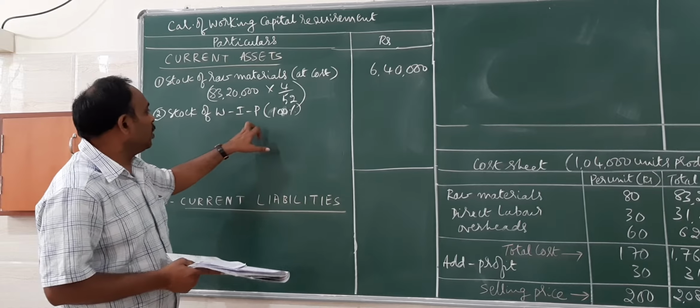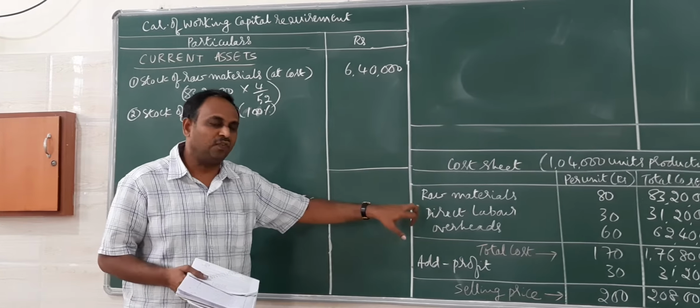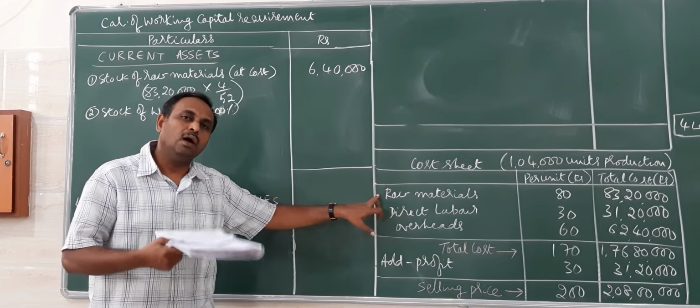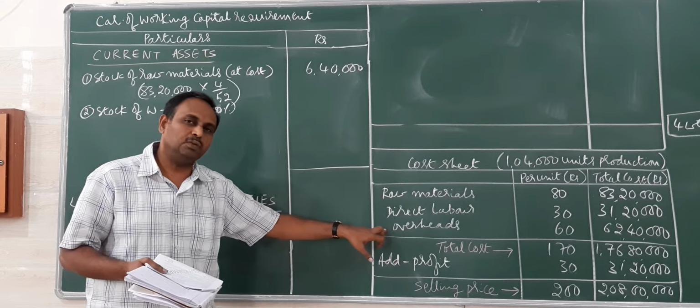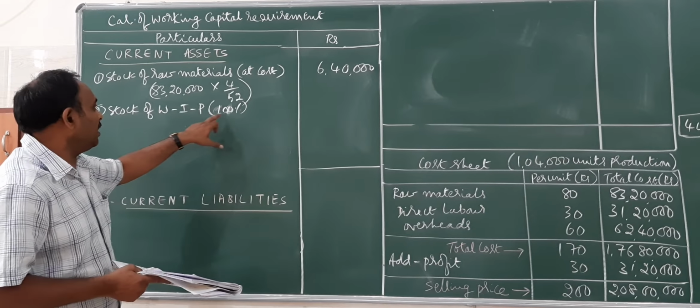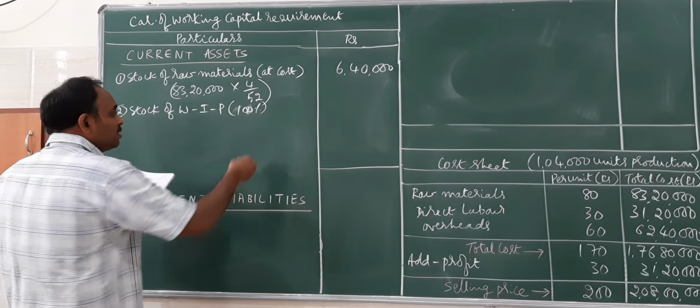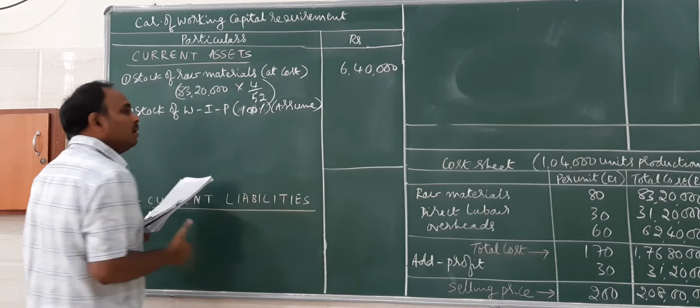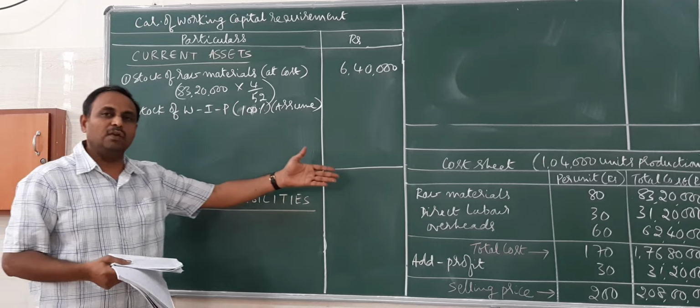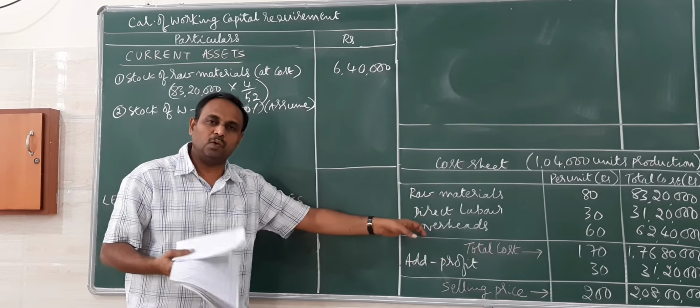So here, when you are doing work in progress, nothing is specified in the problem. You have to think everything is 100% used, raw material 100%, labor 100%, overhead 100%. So that's why I have taken 100% assumption. Otherwise, they give it in the problem like 100% for material, 50% for labor, 50% for overhead.